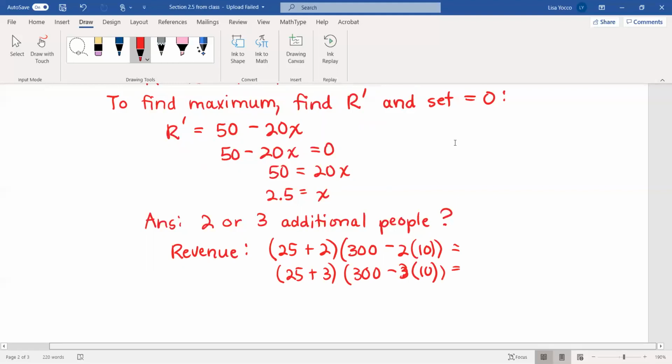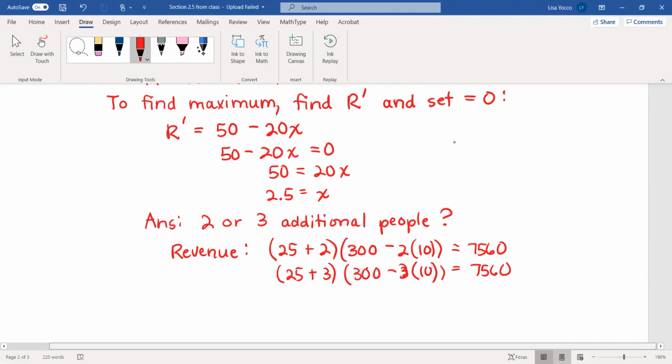27 people times 280 is 7560, and then 28 times 270 is also 7560. So we get the same answer either way.